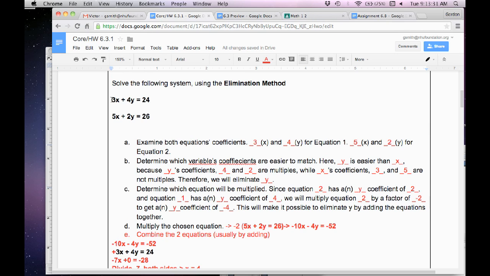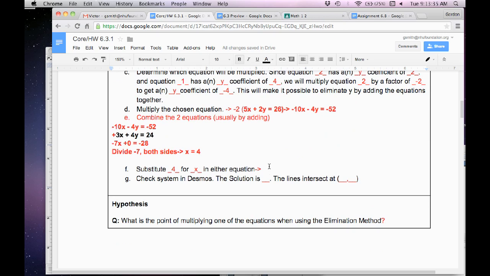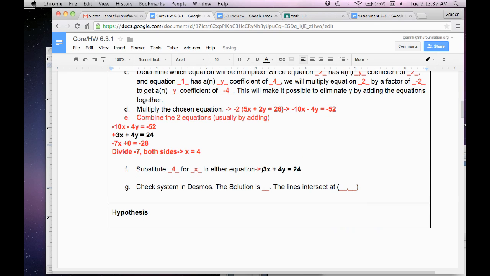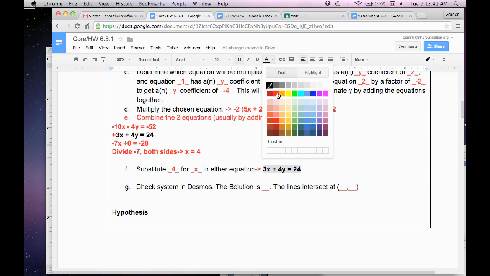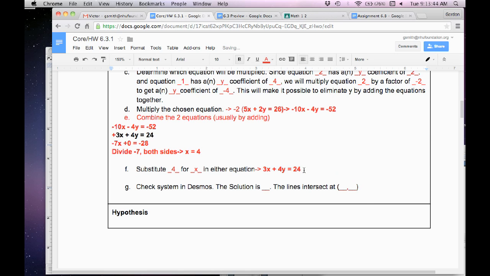I'll just choose the first one, right here. I'm going to rewrite it with a 4 in the place of the x, because I know what the x is and I need to find out what the y is.